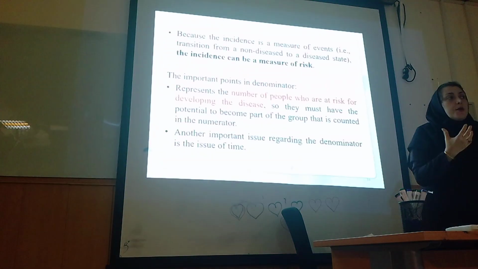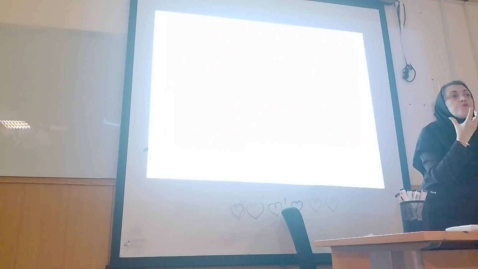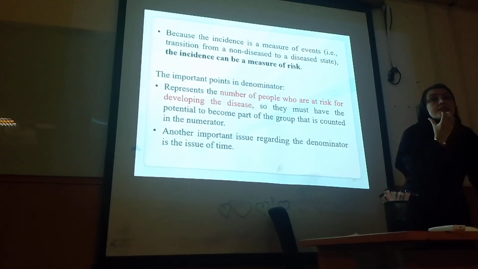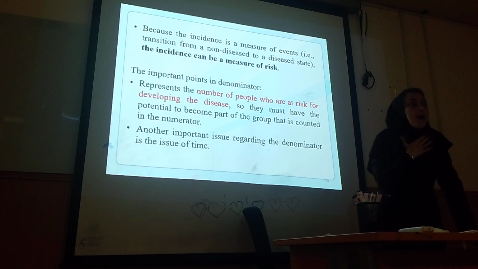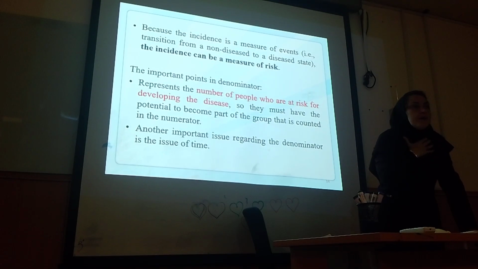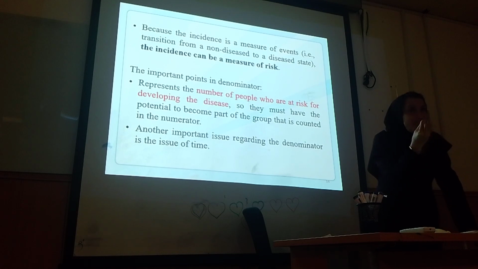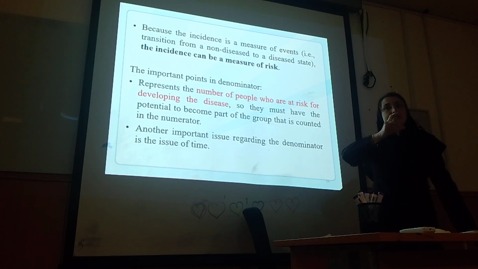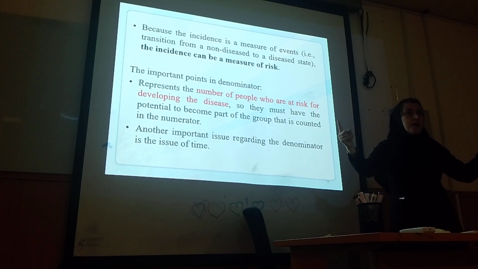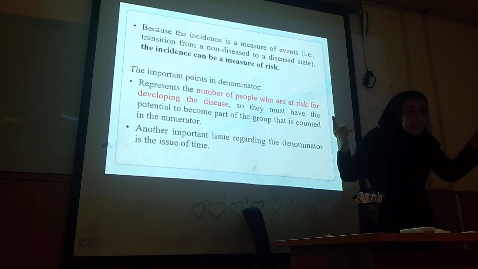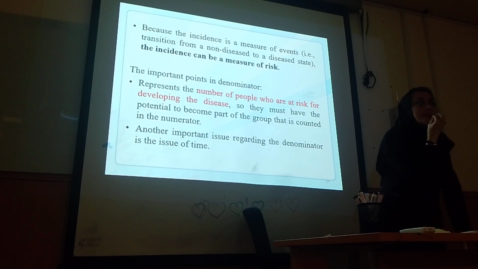So, if we want to calculate the risk of diabetes, I will never put my name in the denominator. But the non-diseased population can become diabetic during a period of time. They are at risk, so incidence is a kind of risk measure. Got it? Okay.